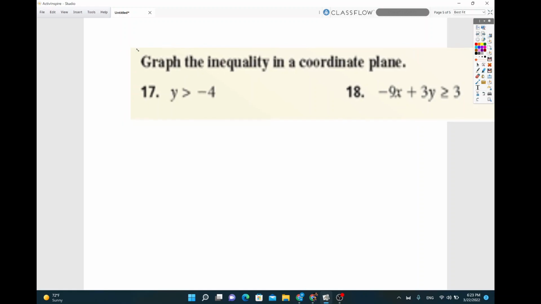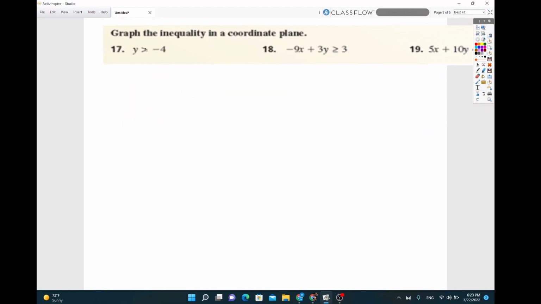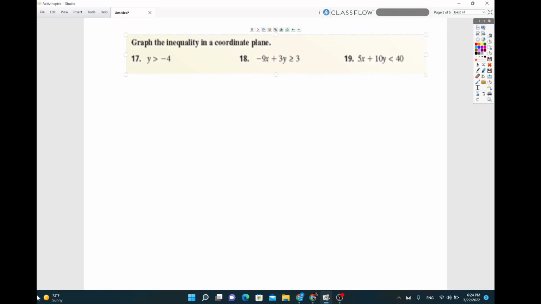Again, I just need to shrink the size here, make it smaller. Okay, so now we start off with y is greater than negative 4.